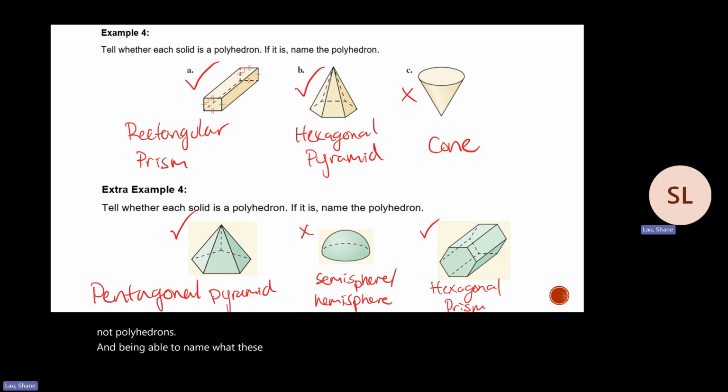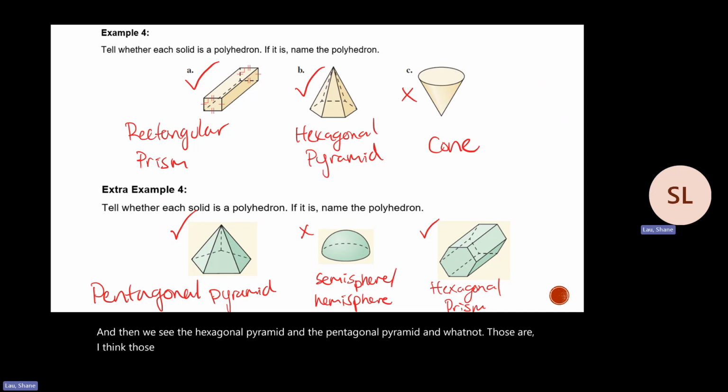So again, you identify them by their base. If the base is a rectangle and there's no other unique shape, you're going to call it a rectangular prism. And then we see the hexagonal pyramid and the pentagonal pyramid and whatnot. I think those are easy enough to figure out.